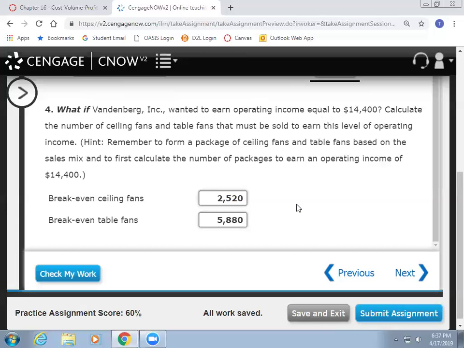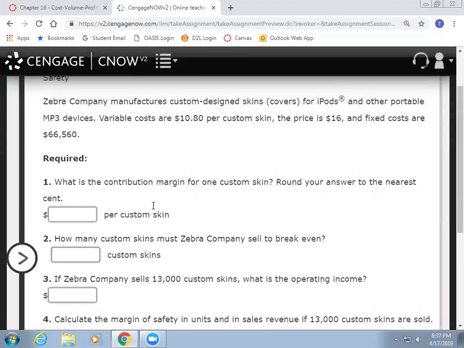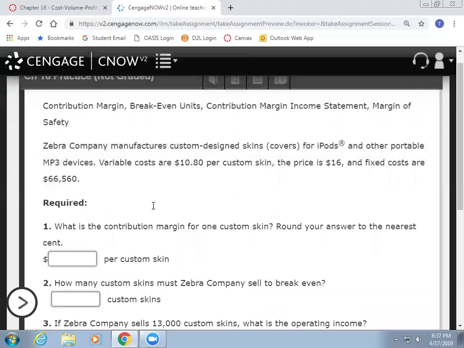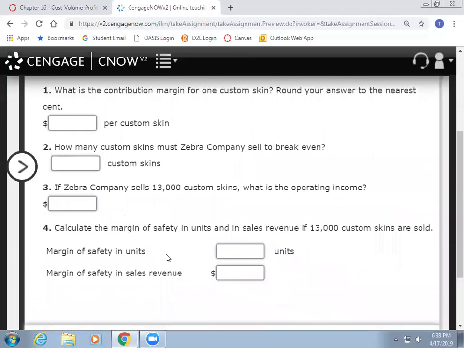Any questions on any of that? Again, we'll skip this last one. You're still going to be calculating contribution margin and break even, which we've done, as well as operating income. The only difference is you're going to do margin of safety in both units and sales revenue.